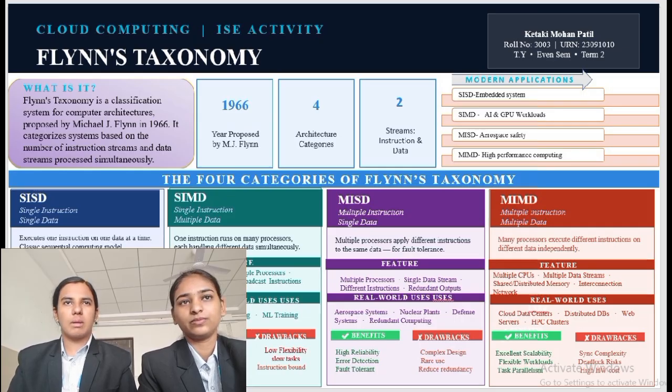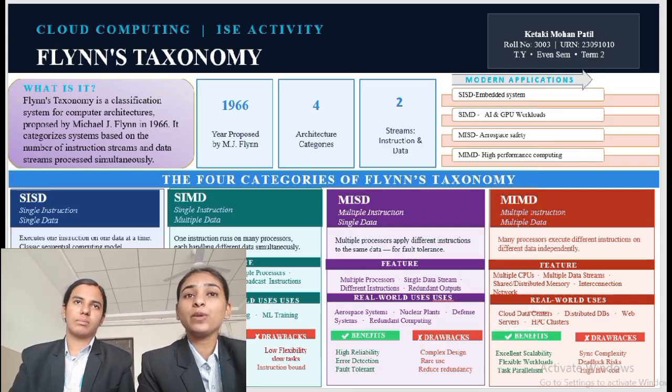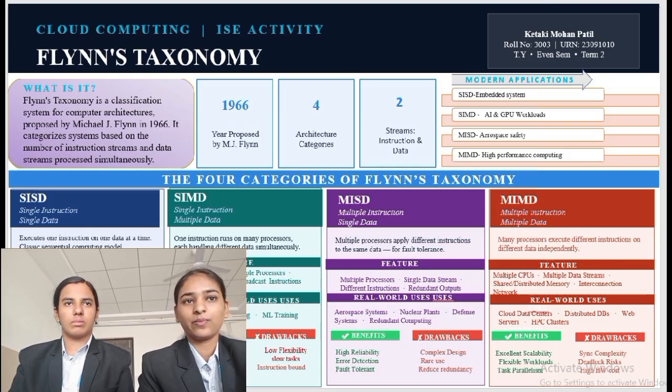That sounds very basic compared to today's systems. Yes, but it's still important because it forms the foundation of this architecture. The SISD system has features like having only one CPU and only one memory, and the operations happen sequentially. Coming to its advantages, it has a simple design, which means we can easily understand, build and implement this architecture.